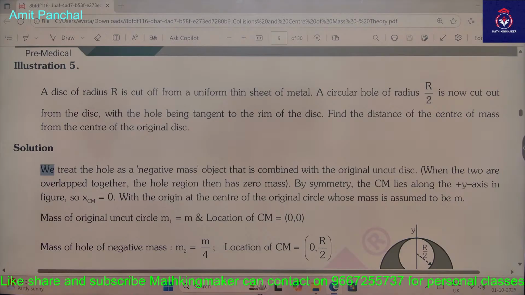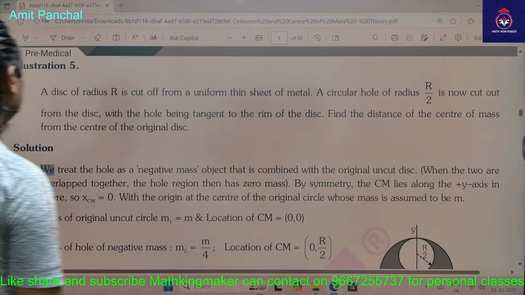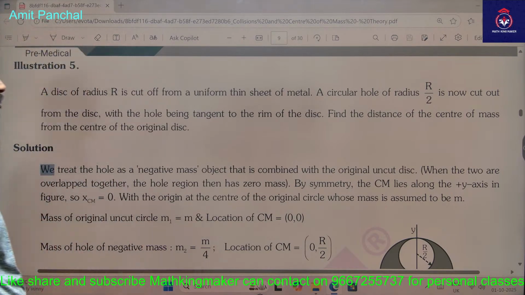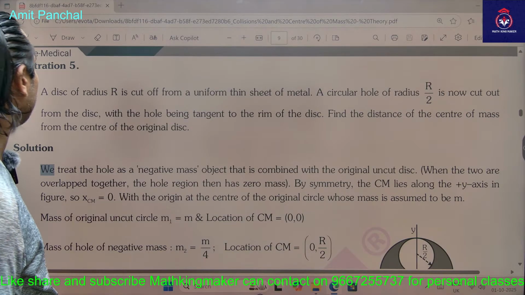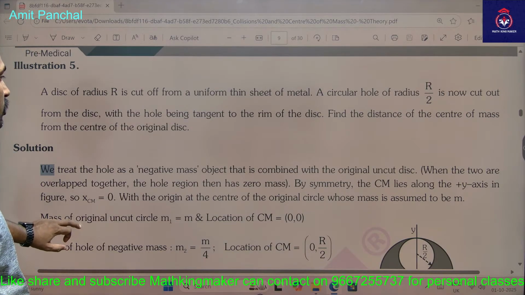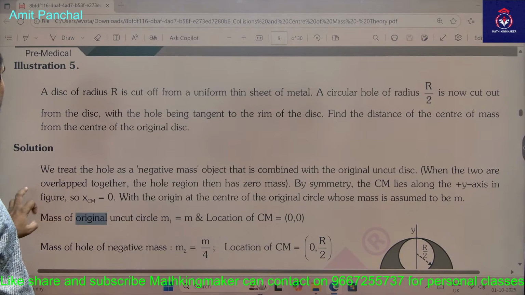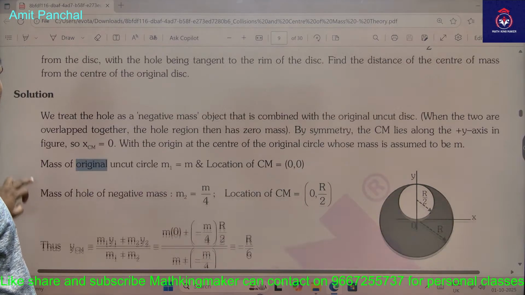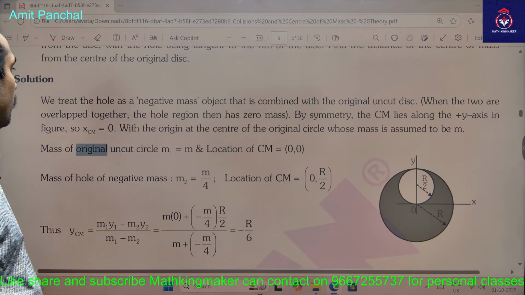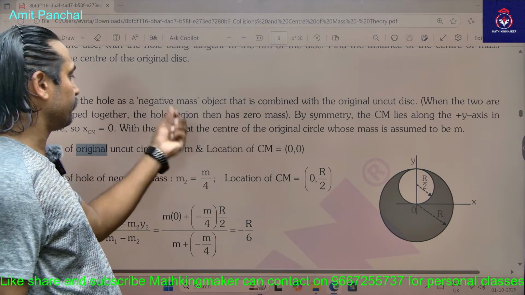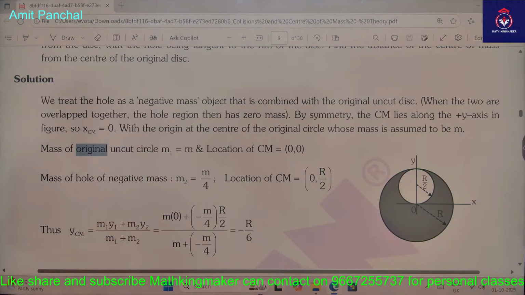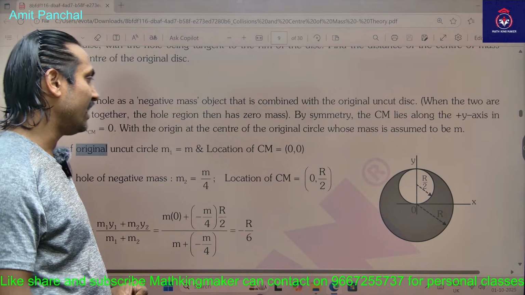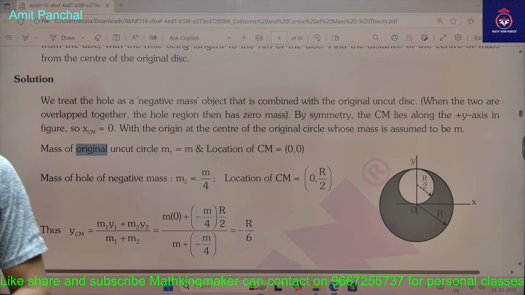A circular hole of radius r by 2 is now cut off from the disc, with the hole being tangent to the rim of the disc. Find the distance of the center of mass from the center of the original disc. Okay, so let us say the mass of the original uncut circle is m. Got it? The mass of the hole, a negative mass, will be m by 4. Why will it be m by 4?